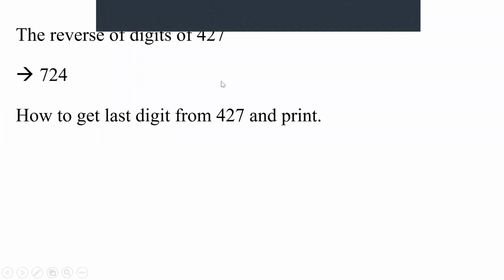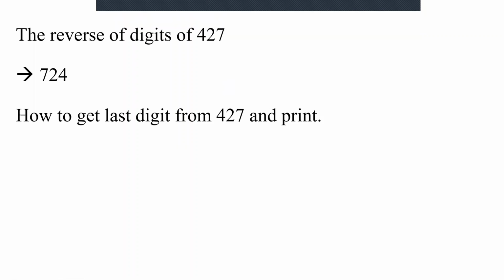We want to extract the digits of 427. We need it as 724, then only we can print it as 724, right? We have to split the digits one by one, 4, 2, 7, and then print in the reverse order. So we need to separate the digits and accumulate them in the reverse order in a variable, and then we can easily print in the reverse order.